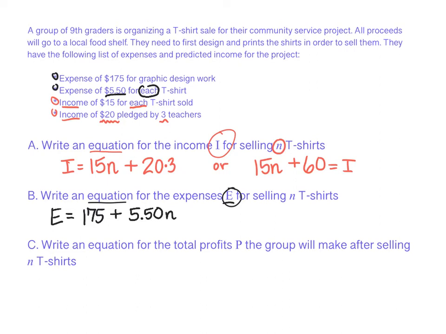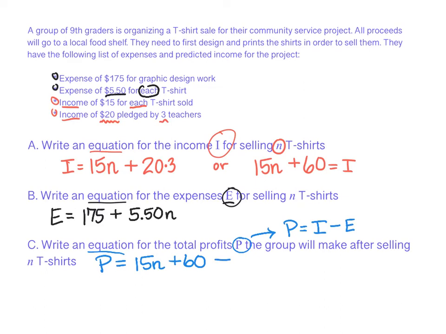Now, last but certainly not least, if I'm writing an equation for the total profits, remember, that's the money that this group is going to get in the end to donate to the food shelf. So we talked about this. P is equal to all of that income, all the money coming in, minus those expenses. Okay, so this is where we have to be really careful. So P is equal to the income. So I'm going to write down my expression, 15N plus 60.